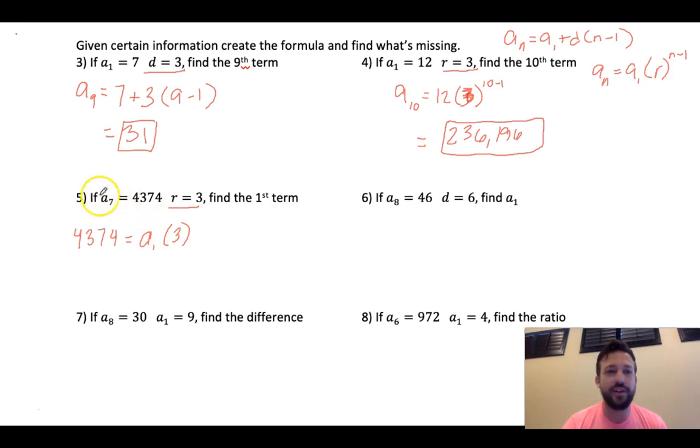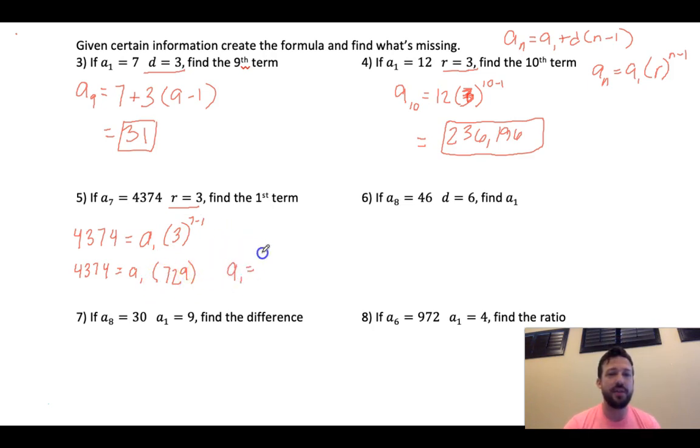Okay, well, n is 7 minus 1, and I'm just solving this. So it's going to be 4374 equals the first term times 3 to the 6th power. 3 to the 6th is 729. So we just divide by 729 and we got our answer.